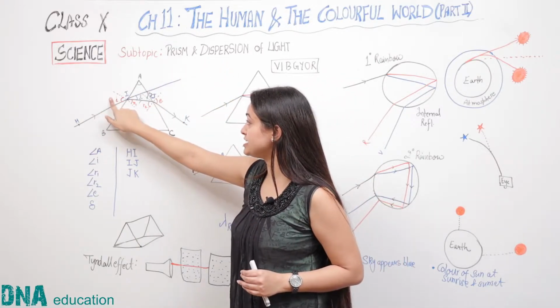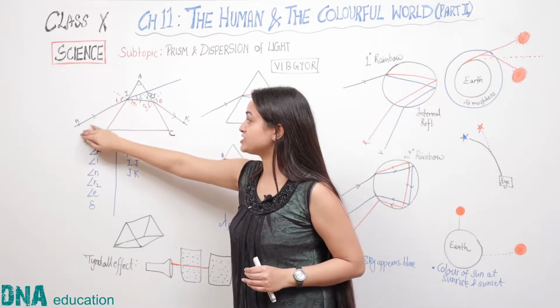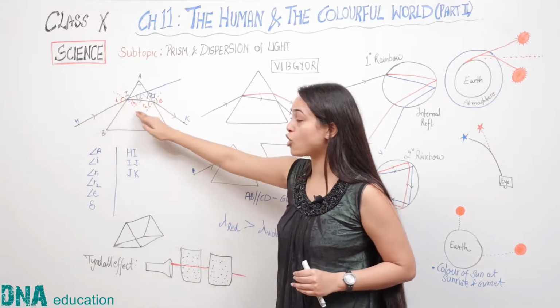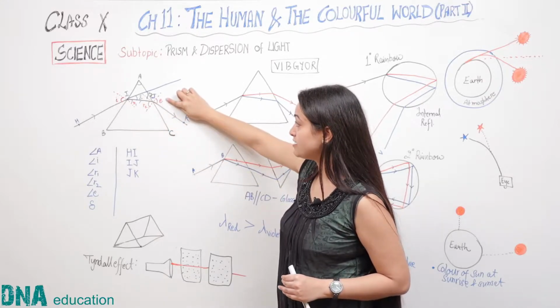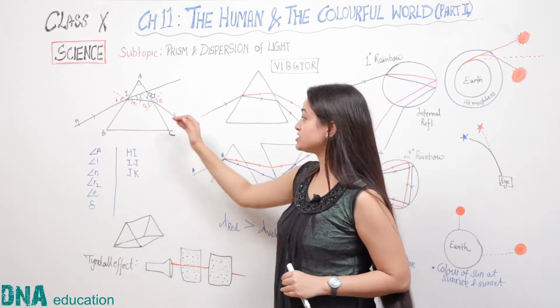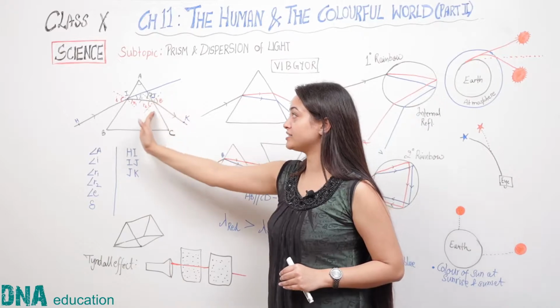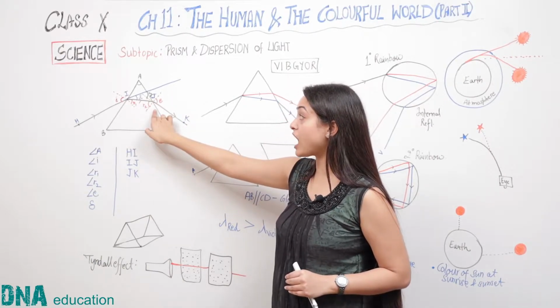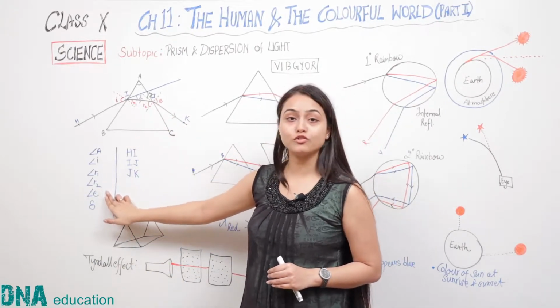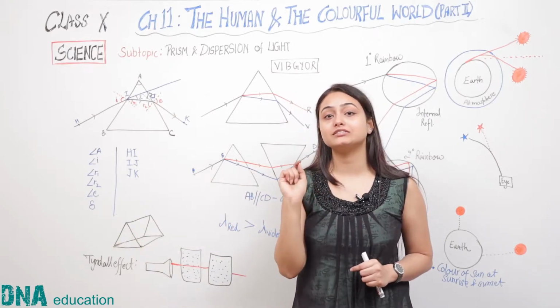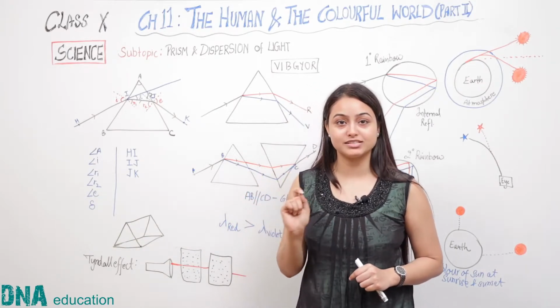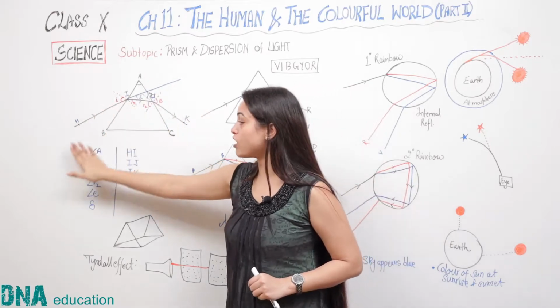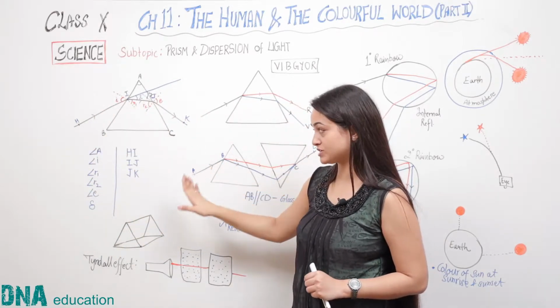Now this is the incident angle, which is the angle between the incident ray and the normal to this surface, and E is the emergent angle, which is the angle between the emergent ray and the normal. R1 and R2 are the two angles of refraction, just as the same way as in the glass slab. So this is all about refraction through a glass prism.